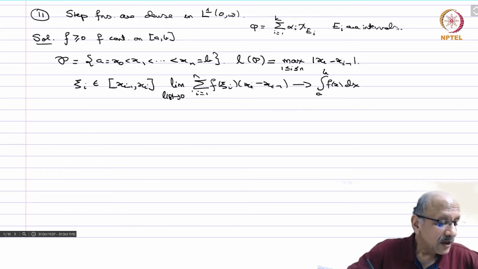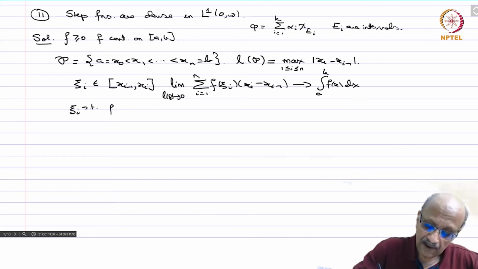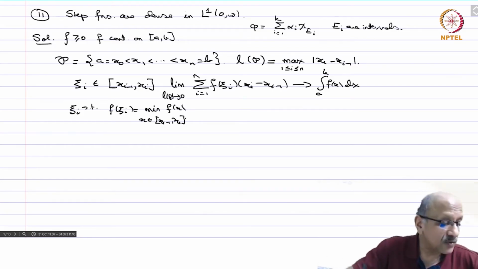Okay, so then if you choose, let us fix xi_i for instance to be such that f(xi_i) equals the minimum of f(x) for x belonging to [x_{i-1}, x_i]. So just to fix ideas, you could choose anything you want, but choose like this.